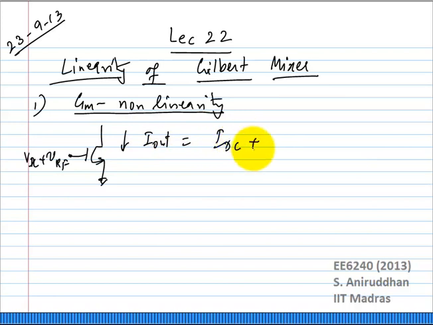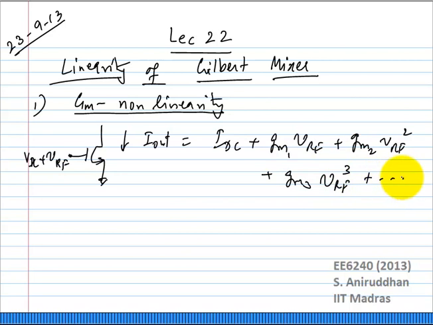I out has a DC component plus GM1 VRF, GM2 VRF squared, and so on.